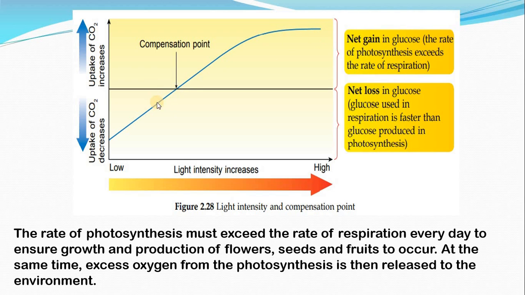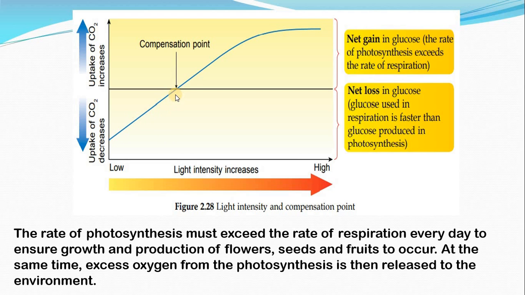For this one, it refers to the net loss in glucose, whereby the glucose used in respiration is faster than the glucose produced in photosynthesis.